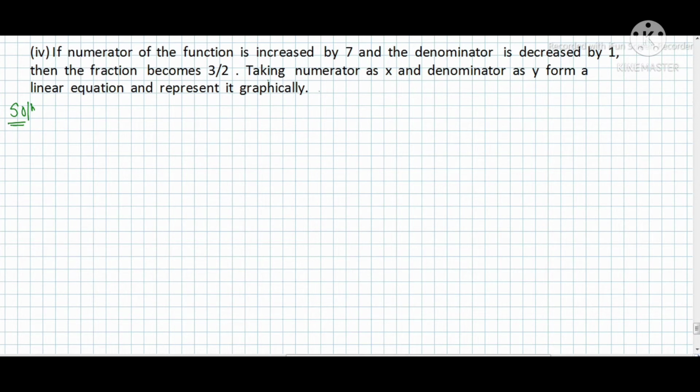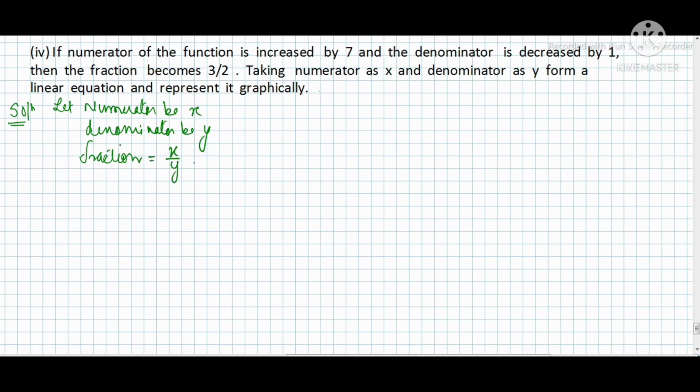Here it is telling that we have to take the numerator as x. So we will write: let the numerator be x and the denominator be y. So our fraction will be x by y.